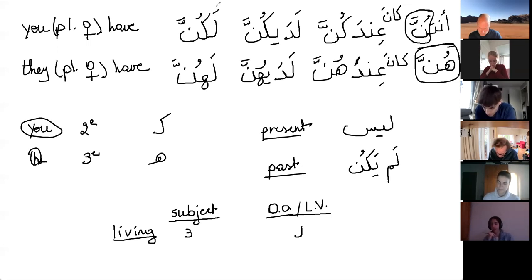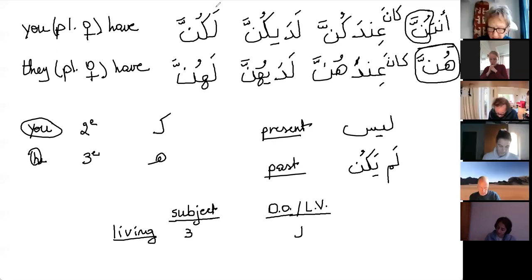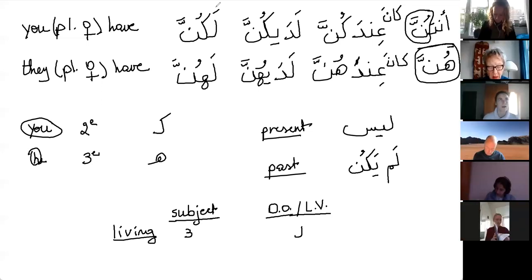Most is معظم. معظم الشوارع. معظم شوارع بيروت ليس لها اسم. ليس لها means does not have. Again, I use feminine because شوارع is a plural non-living.